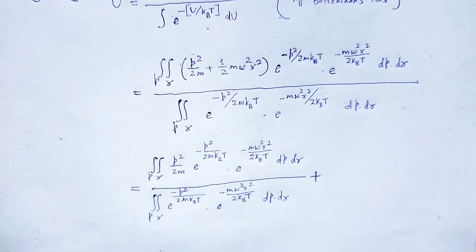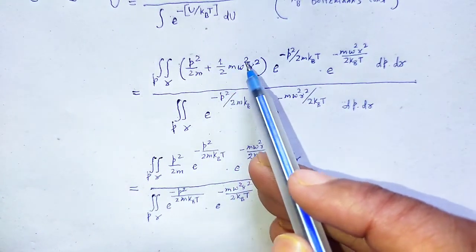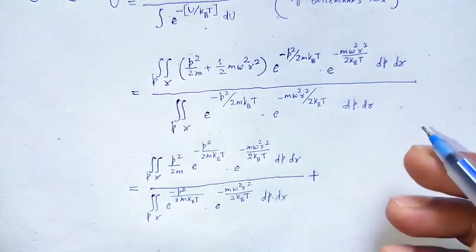plus another term, half m omega square r square.